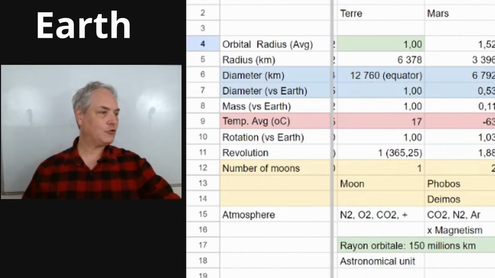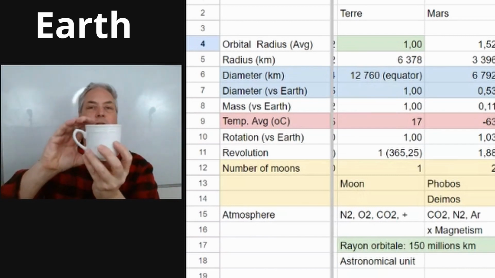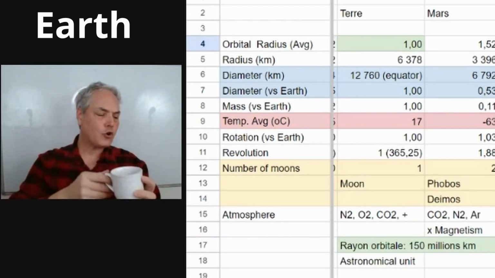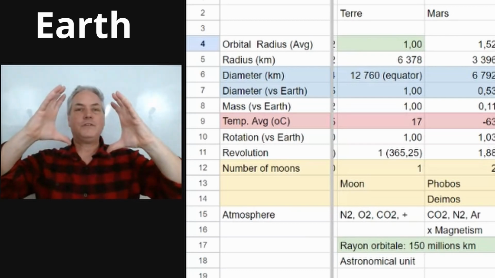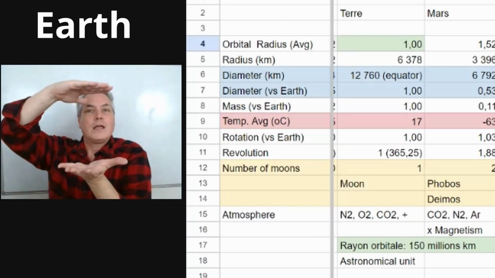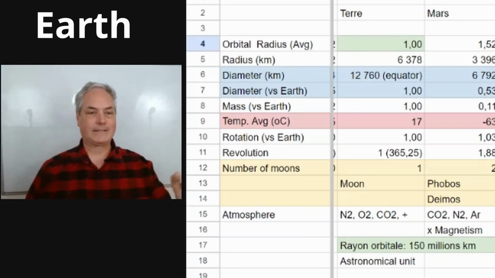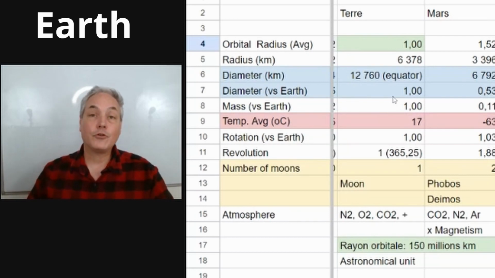Keeping in mind that Earth is rotating, that means that the speed at the equator is much faster. So Earth is not a perfect sphere. Think of a sphere that is flattened. So the radius at the poles is much smaller, and at the equator, it's much larger. So that's interesting. Here we're using Earth as a baseline.